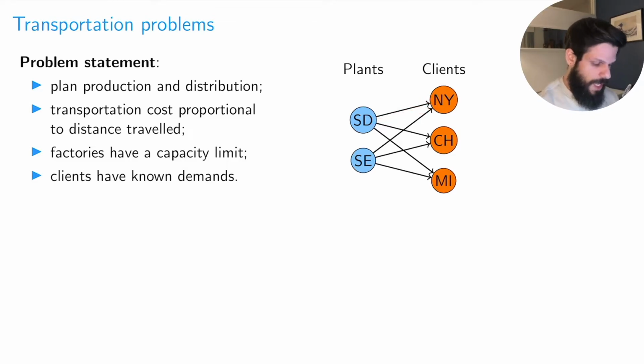And of course, my factories have limited capacity, which is sometimes what makes the problem more interesting. And of course, I know the demands of my clients and I have to meet them.